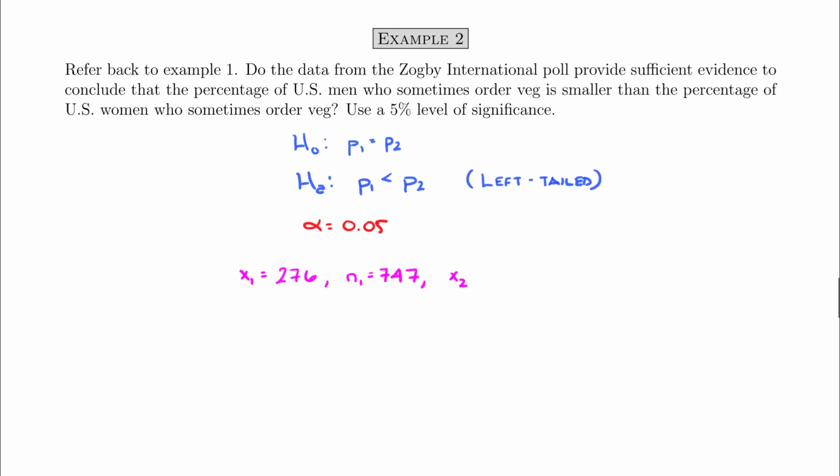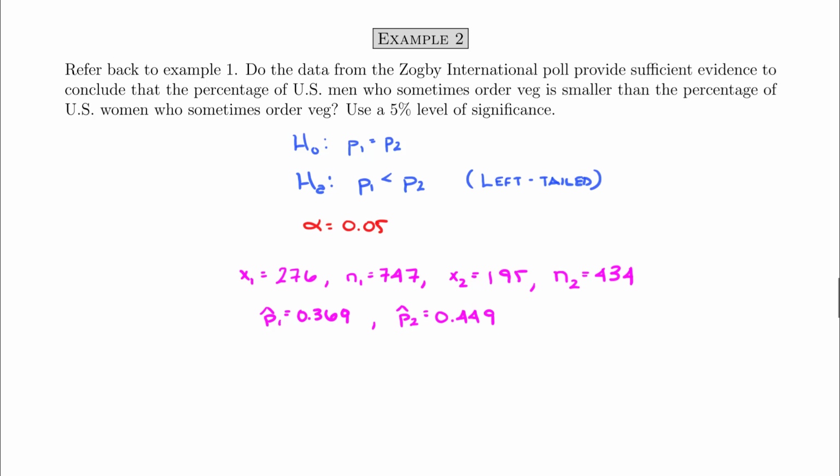The number of women who eat vegetarian is 195. The sample size for the women was 434. In example 1, we've already computed the values for p hat sub 1 to be 0.369, and p hat sub 2 for the women is 0.449.